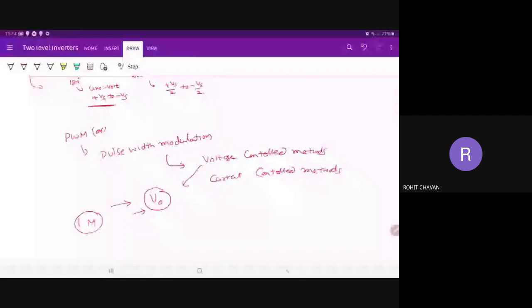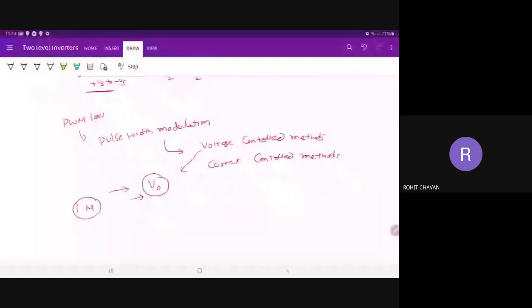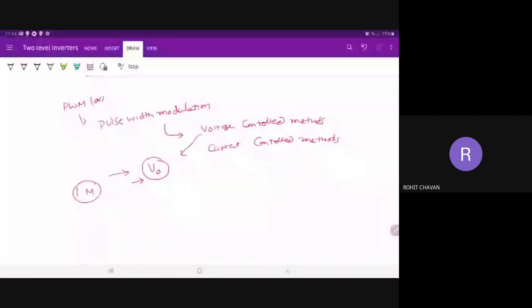What is the torque of this machine? Torque is proportional to voltage square, right? You know this relation. Induction machine torque is normally proportional to voltage square.